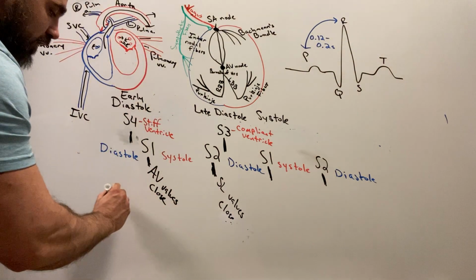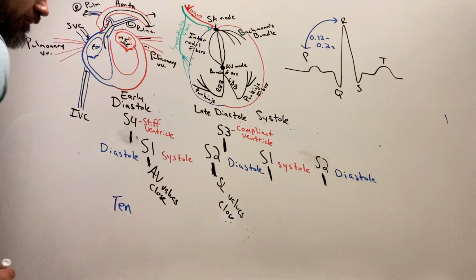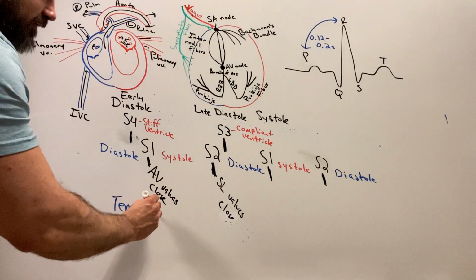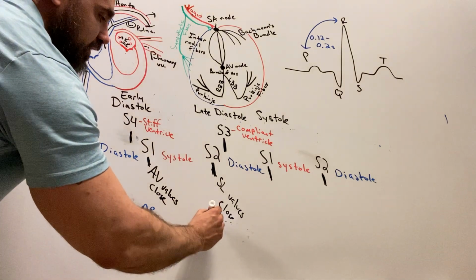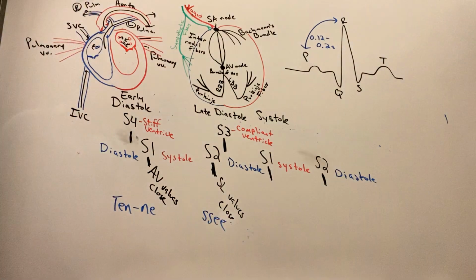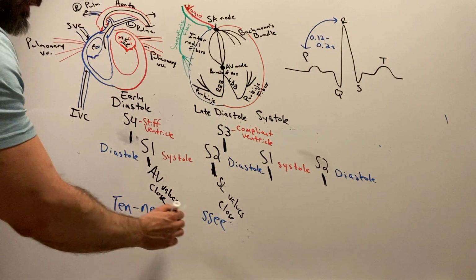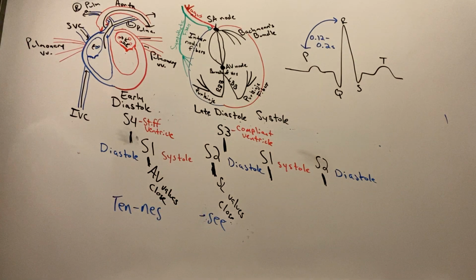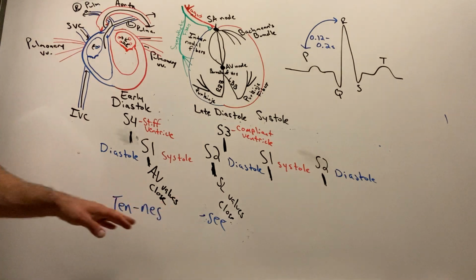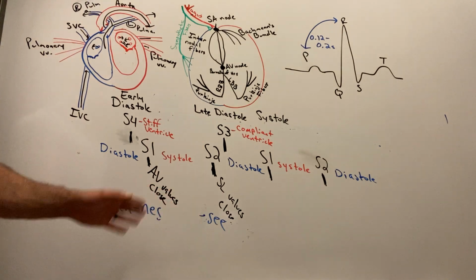If you have an S4, we say Tennessee. So for the S4, it's Ten. For the S1, it's Nes, and S2 is See. Tennessee. There we go. So in S4, it's Tennessee, Tennessee, Tennessee, instead of Kentucky, Kentucky.